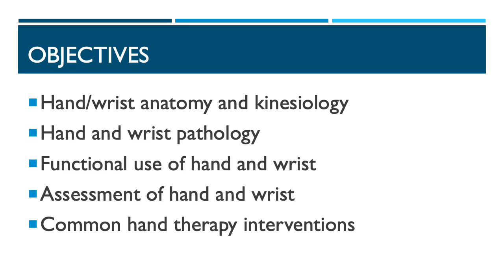Some people might use a numbering classification, so digit 1, 2, 3, 4, but then there's always confusion. Is the thumb a digit? Is it different because it has different anatomy and different muscles? So I like my classification of IF, MF, RF, SF, but you might see different things in the literature.